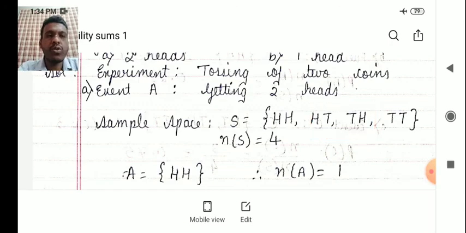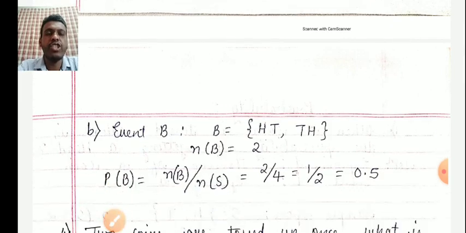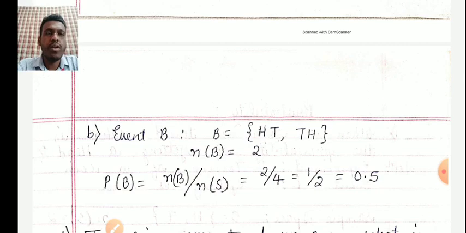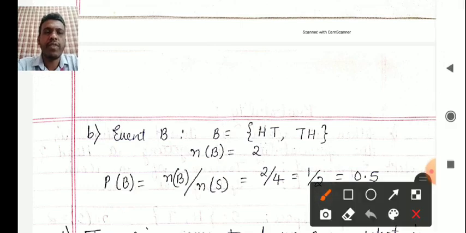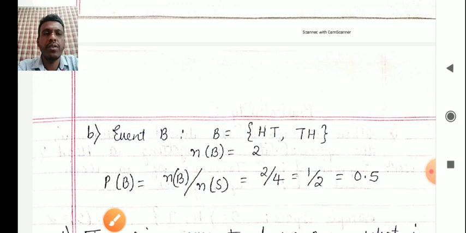Just copy those two events here. Event B equals HT comma TH, n(B) equals 2. So probability of B is equal to n(B) divided by n(S), which is 2 upon 4, equal to 1 upon 2, equal to 0.5. You can keep it as fractions, or you can keep it in decimals. It is up to you.